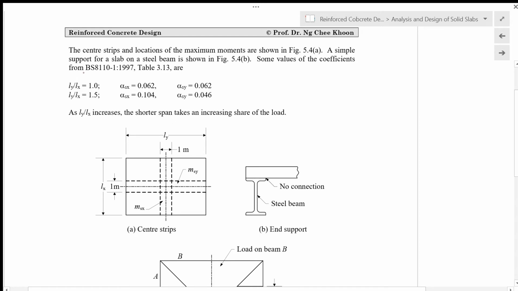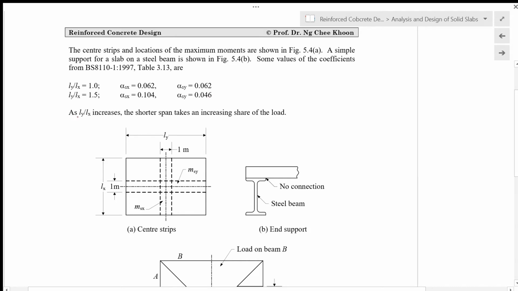From BS 8110 Part 1 1997 table 3.13 just now, if Ly over Lx is equal to 1, then we get alpha SX equals 0.062 and alpha SY equals 0.062. And if Ly over Lx is equal to 1.5, then alpha SX is equal to 0.104 and alpha SY is equal to 0.046.